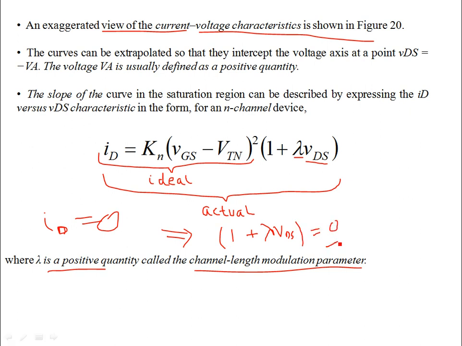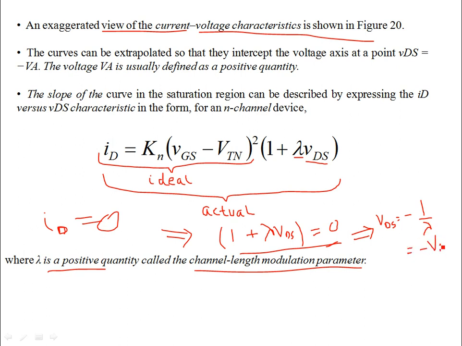ID equal to 0 implies that this factor becomes equal to 0, and this further implies that your VDS is equal to minus 1 over lambda, and we call this equal to minus VA.